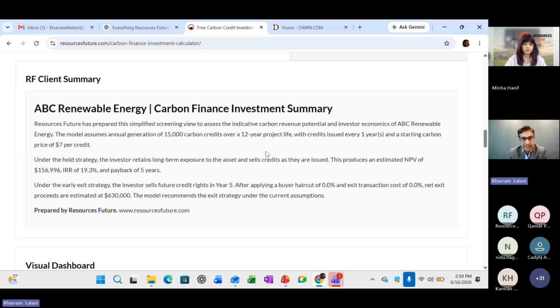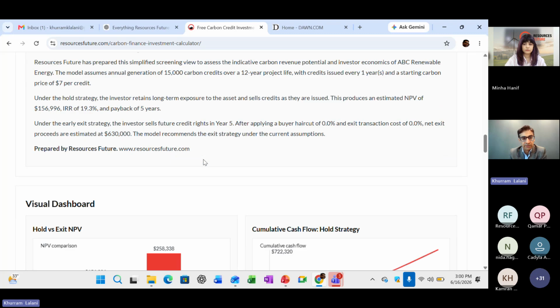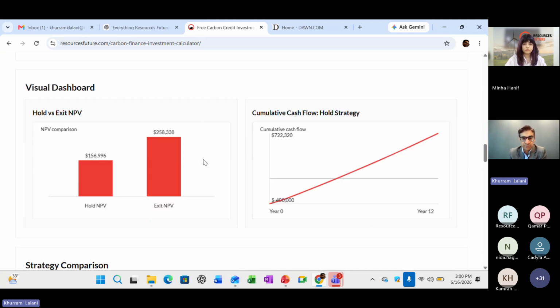Essentially, it summarizes everything and says that under the assumptions that we have written, the exit strategy is more lucrative, and hence the idea is that we should exit early and not wait for the hold strategy. Otherwise, in either case, the IRR and NPV is positive.